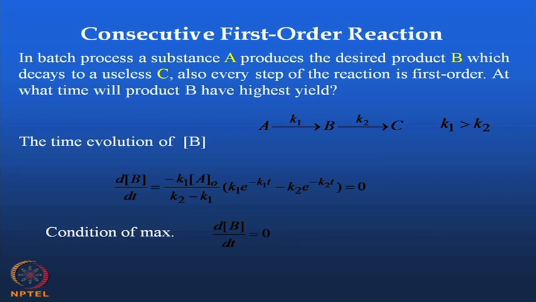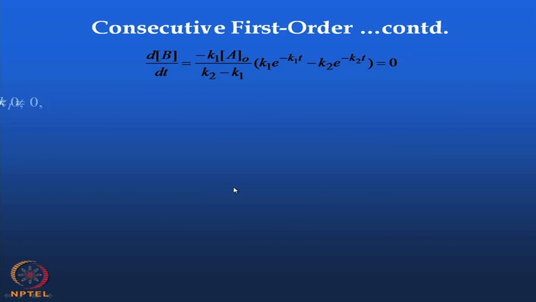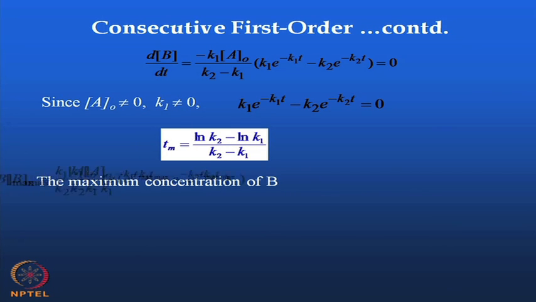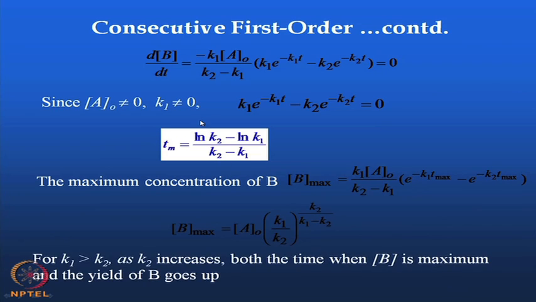Upon extremization, you put that equal to 0, and also A0 is not 0 and K1 is also not 0.